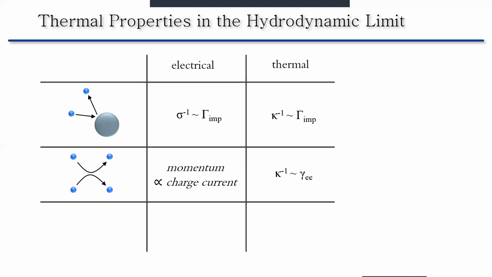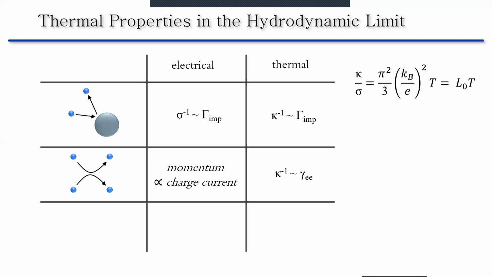So let's take stock, and here is the Wiedemann-Franz law. If you take the ratio of the thermal conductivity to the electrical conductivity, in normal metals, it turns out to be proportional to the temperature times a set of fundamental constants that together form this Lorentz number, L0 here. So we can ask, in this situation, if we take both of these scattering types into account, how does that change this Lorentz ratio?